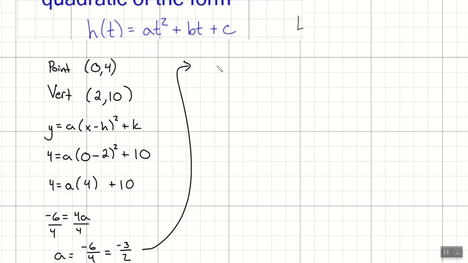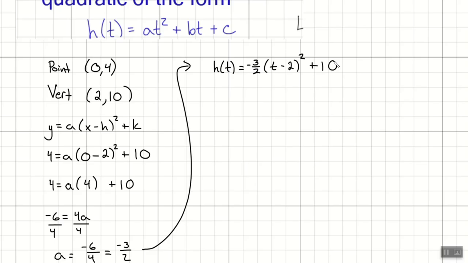We have just found that h of t instead of y is equal to negative 3/2 t minus, what's that h value that we already decided? 2 squared plus 10. All I've done is instead of x and y, I've used h of t and t.